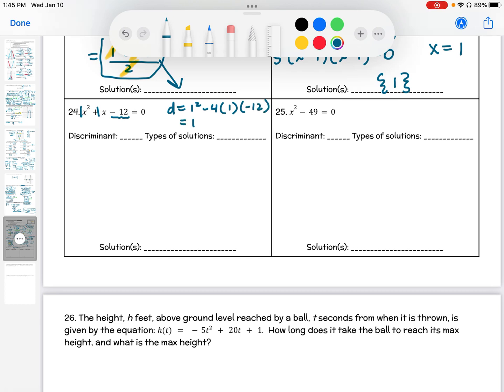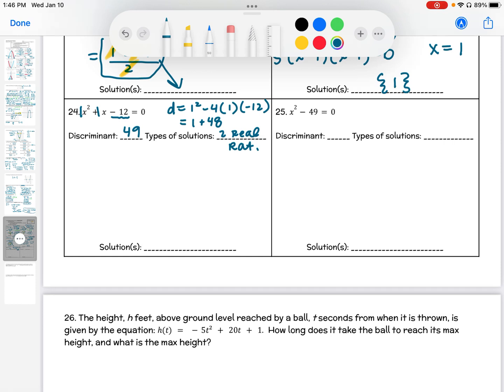So that would be 1 plus 48. 1 plus 48 is 49. So our discriminant is a positive perfect square. So the type of solution we would have is 2 real rational.